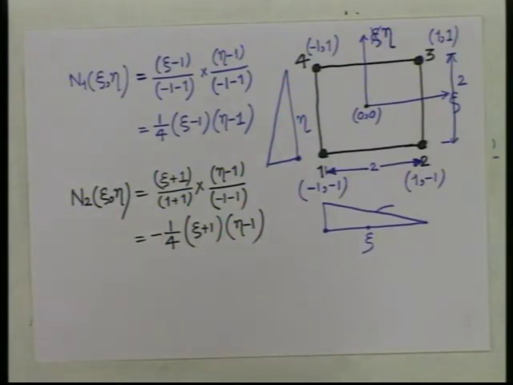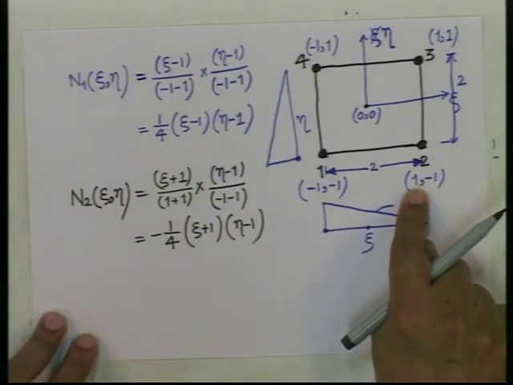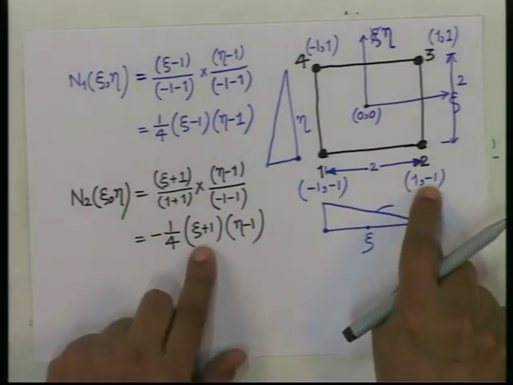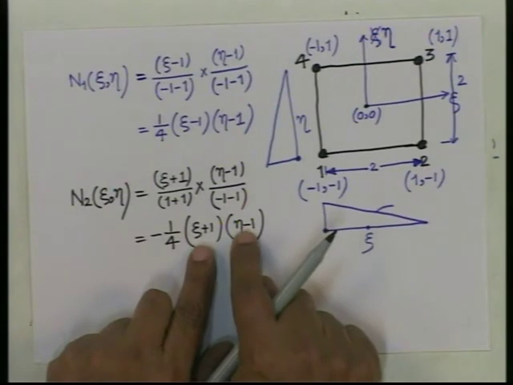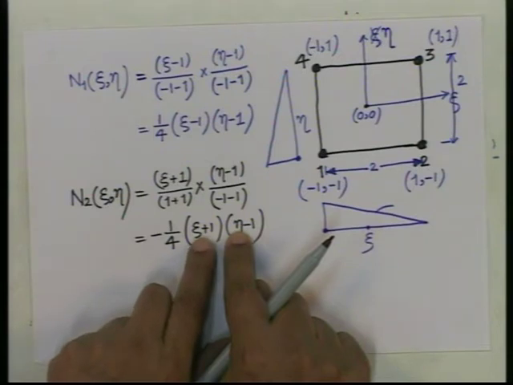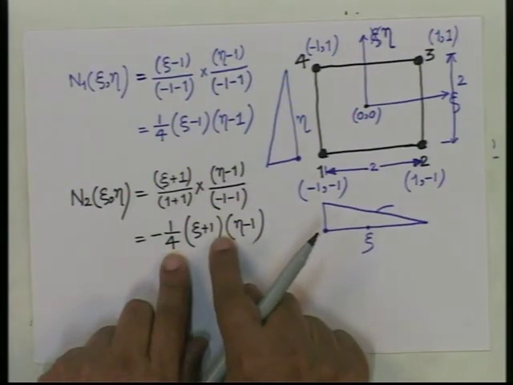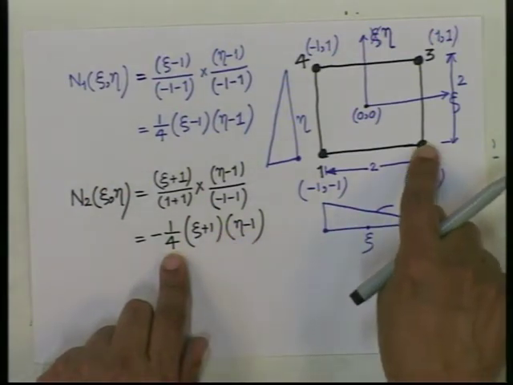How to check that it satisfies the condition? Yes, put first this value, psi equal to 1, eta equal to minus 1. Minus 1 means it will be minus 1, minus 2, and then this 2, 2 and 2, 4. So, minus 4 divided by 4, so minus plus 4 by 4 plus 1. So, at this node it is equal to plus 1.